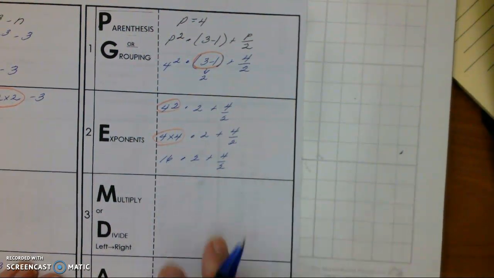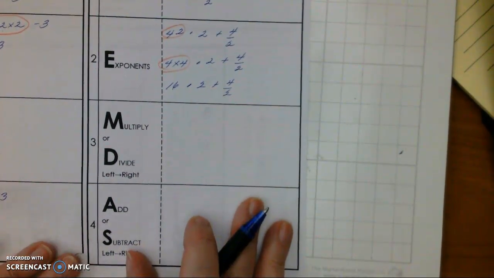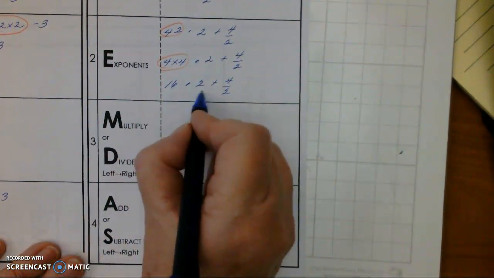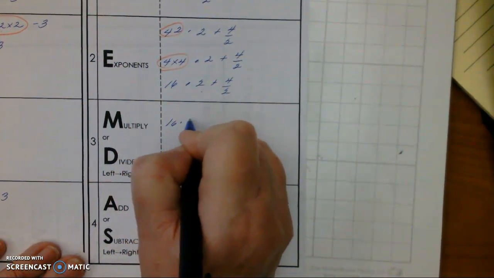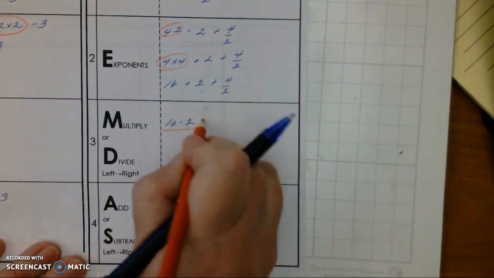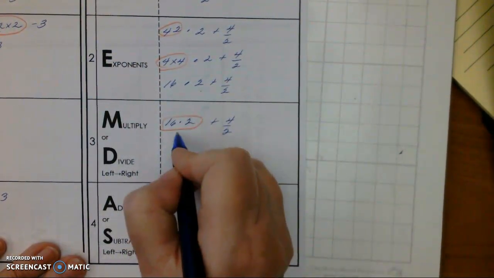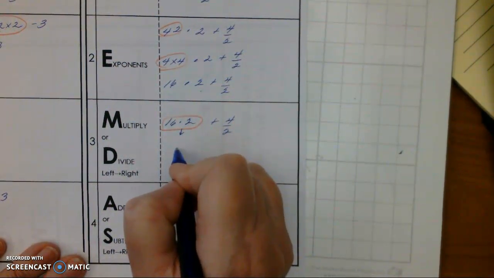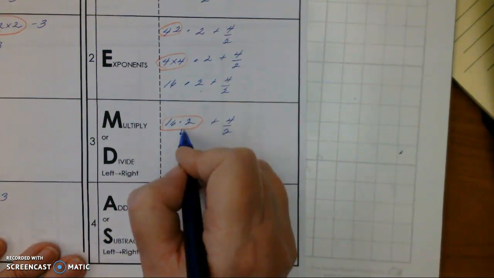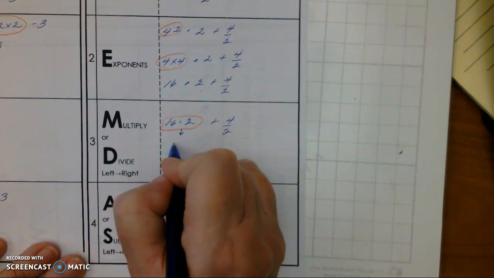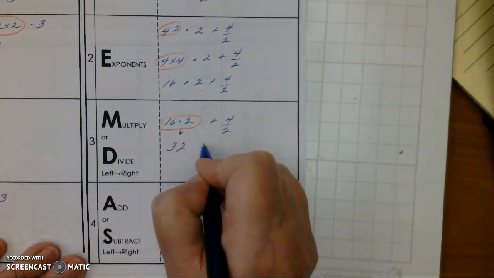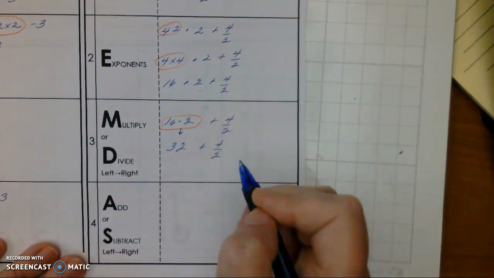Okay? So now we're going to do multiply and divide. We see multiplication, so 16 times 2, you do that first, plus 4 divided by 2. 16 times 2 is 32 plus 4 divided by 2.